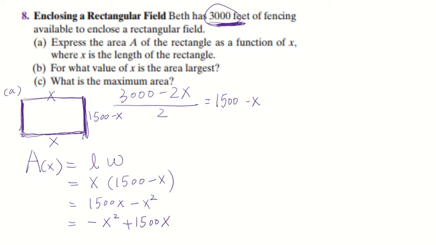Okay, now let's look at question B. For what value of x is the area the largest? Okay, so let's look at B here. When will the area of the rectangle be largest? So here we're looking for what value of x this A of x will be the largest.